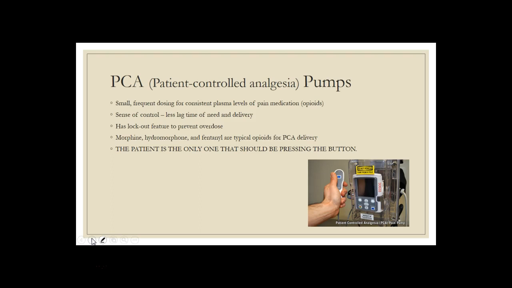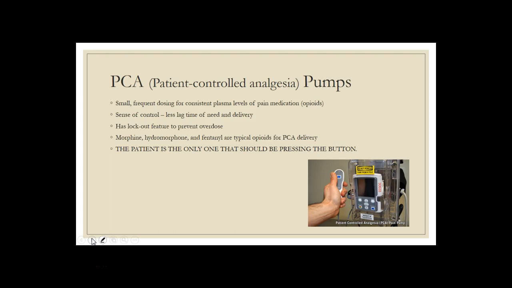It does have a lockout feature to prevent overdose, so if a patient has reached their max that has been programmed, they can push that button as many times as they want. They're not going to get too much of the opioid to a point where they could overdose on it. Typical medications are morphine, hydromorphone, and fentanyl.